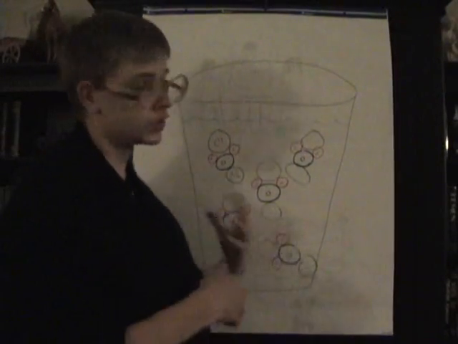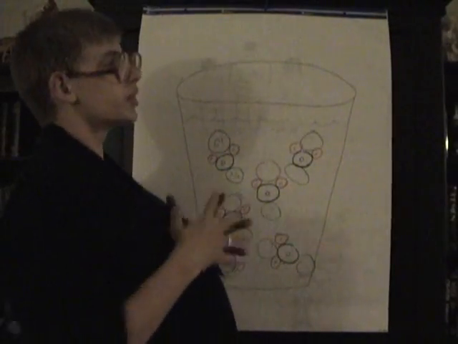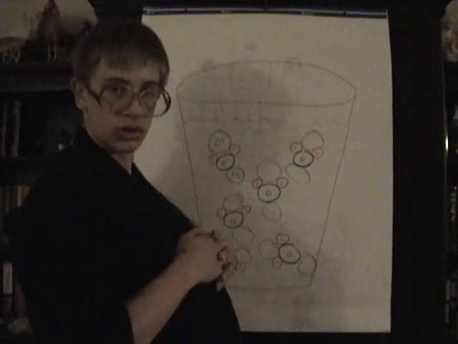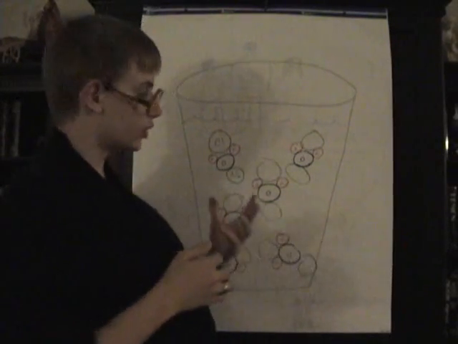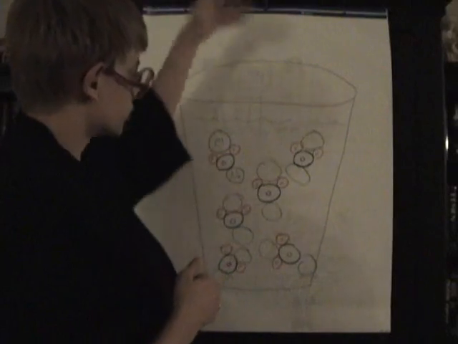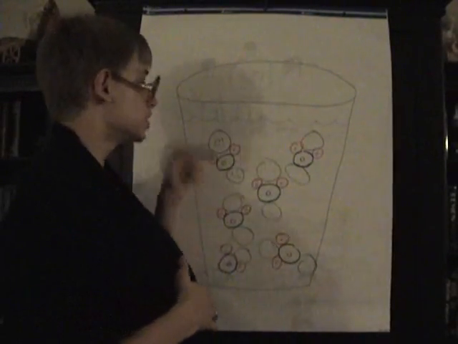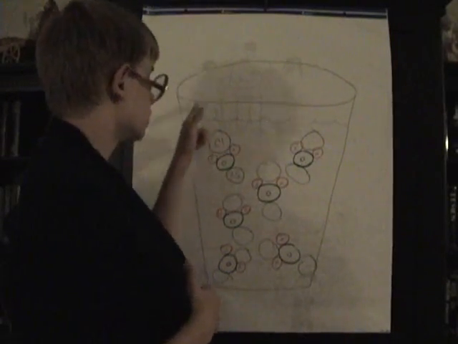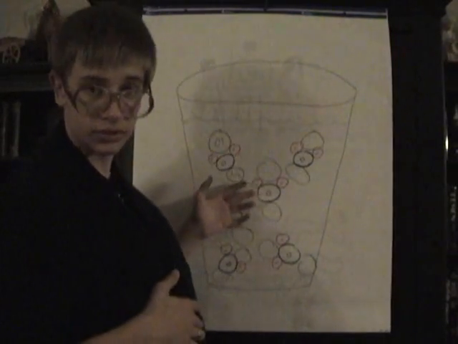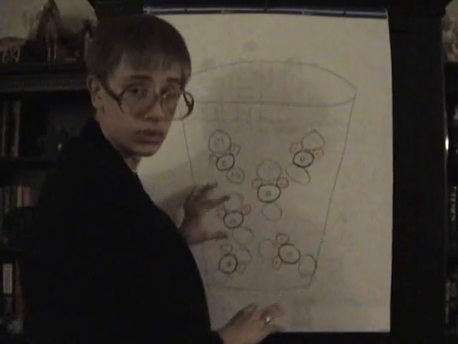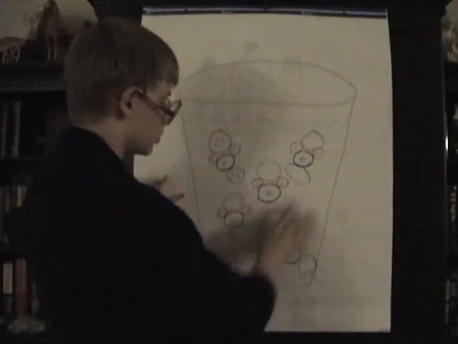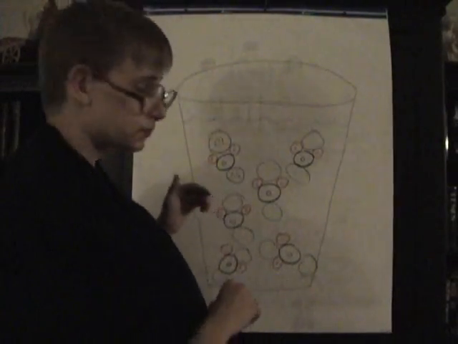Now, according to colligative properties, the properties of a solution will change when a solute is added. So when I take water and I add table salt, it will disassociate and it will bond with the water, and you will have all these free-floating ions everywhere.